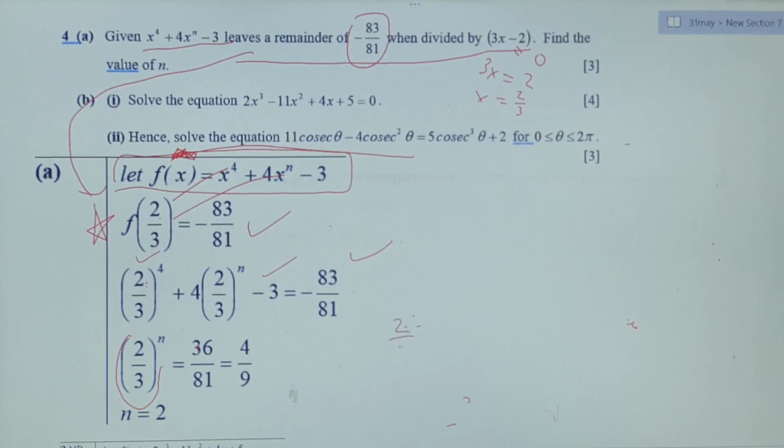Okay, so if you don't know that this square is this, then you log both sides, you get the same answer. Once you log, you can bring the power down, then you can get the answer already. Okay, so that's how you do it for this particular question.